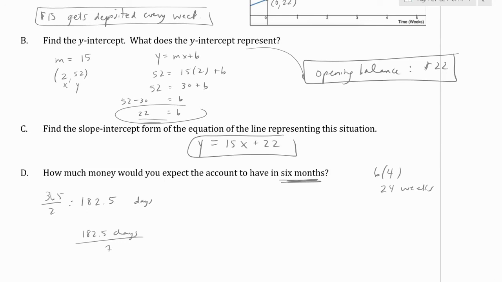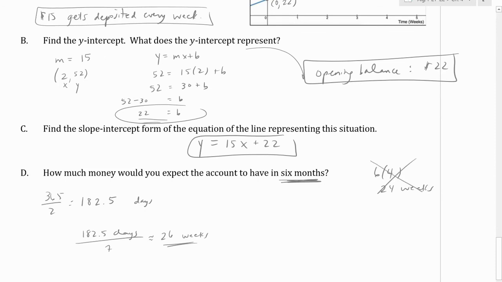It's me being lazy. If I can find my calculator. There it is. 182 and a half divided by 7. So it's about actually 26 weeks, which makes more sense.